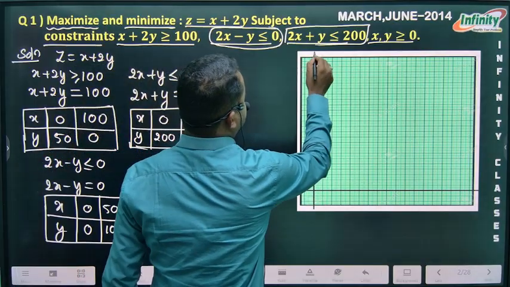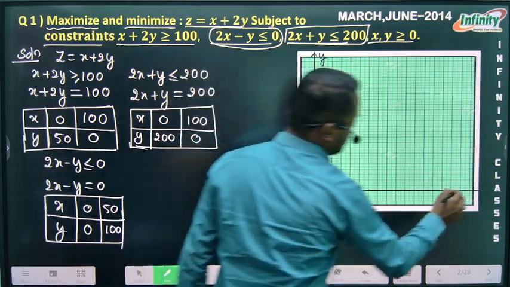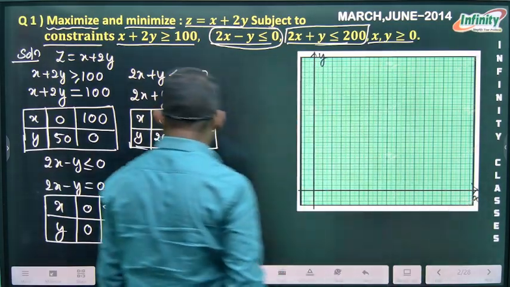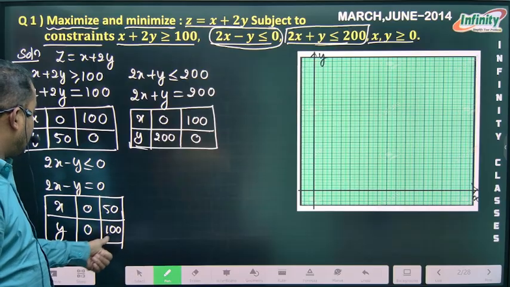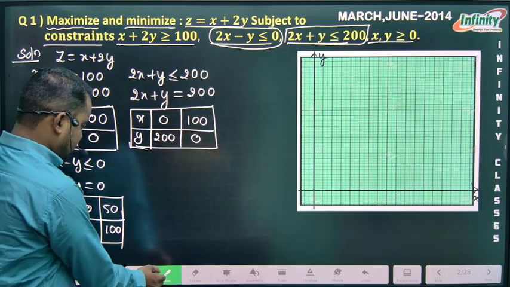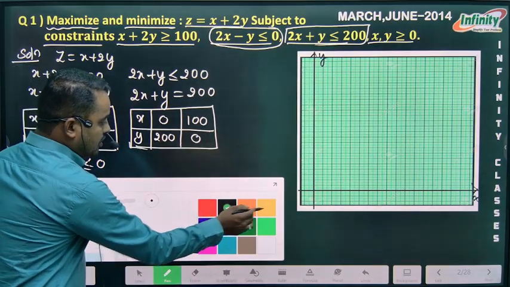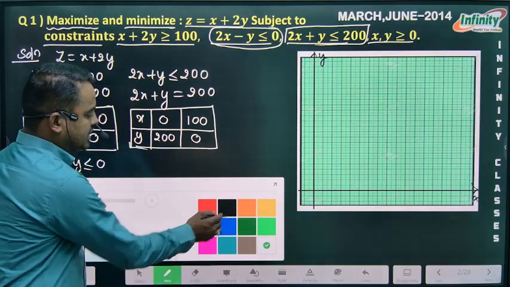So this is the y-axis and this is the x-axis. Now what is the highest coordinate value for x? 100. And the highest value for y? 200. Yes, we need to mark the points along the x-axis and y-axis.